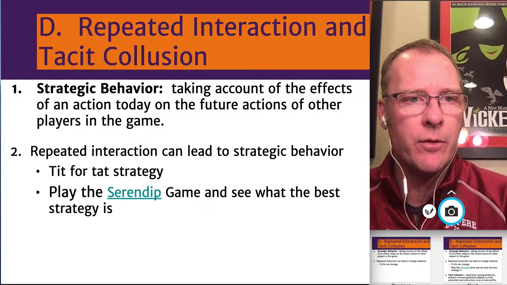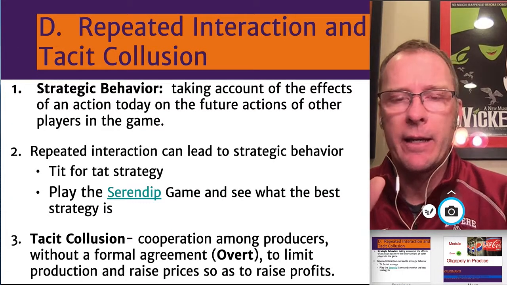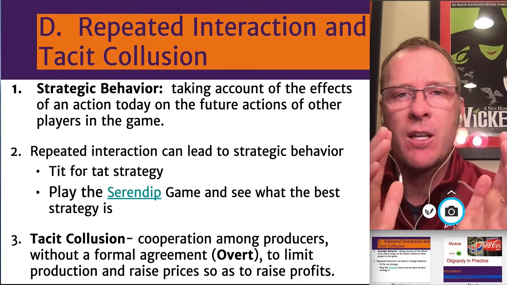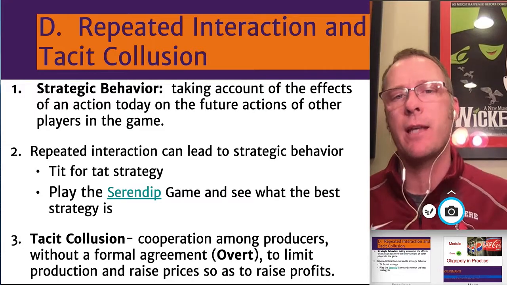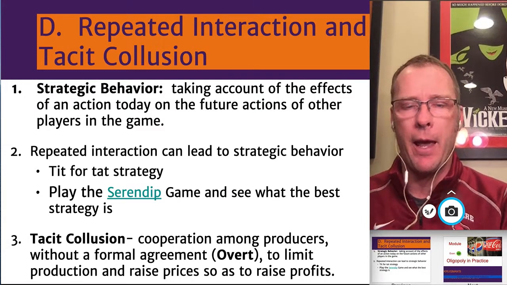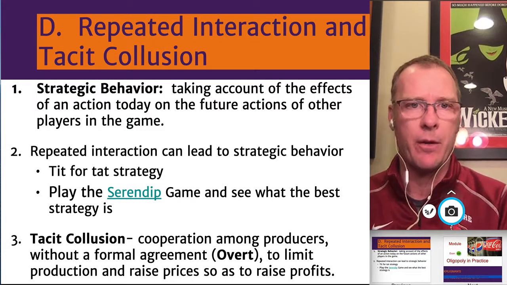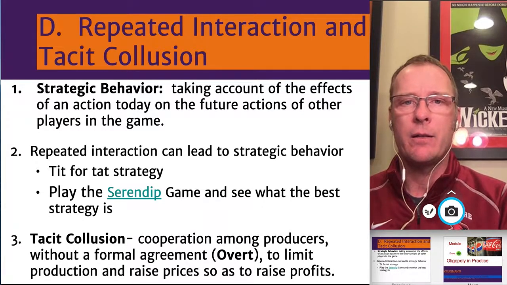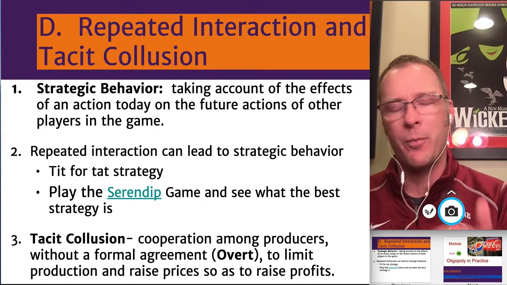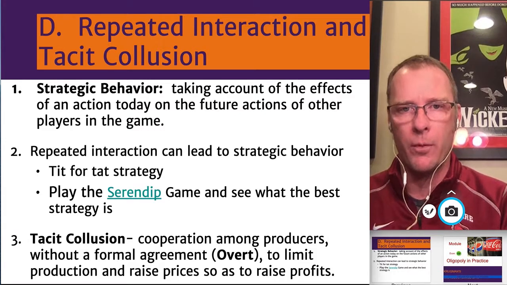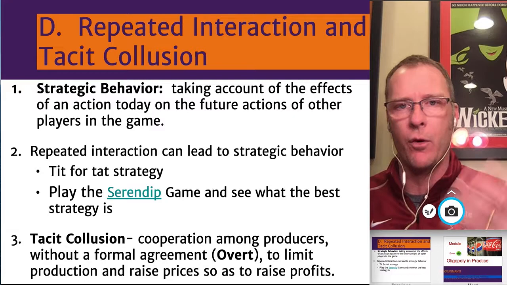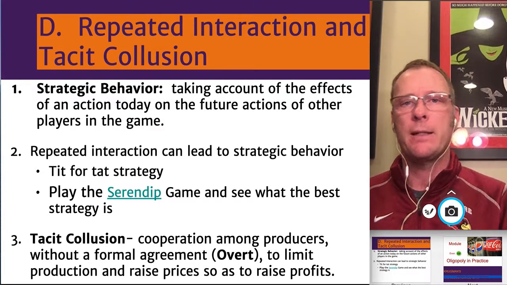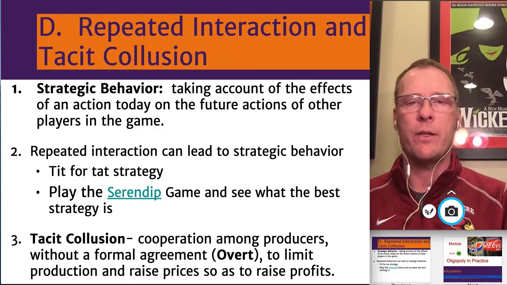Now, what happens if you have some sort of collusion where you have a repeated interaction? Let's say it's not just a one-time, hey, we committed this crime. What happens if you're a business and you know that another business is going to be in business for a long period of time, and you have to play this game back and forth? Imagine if it's Delta and United, or Coke and Pepsi.